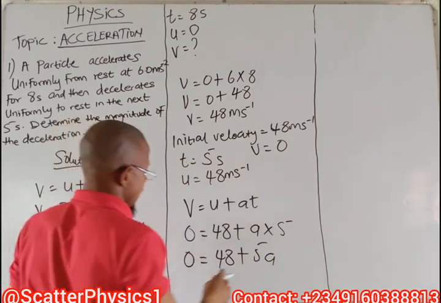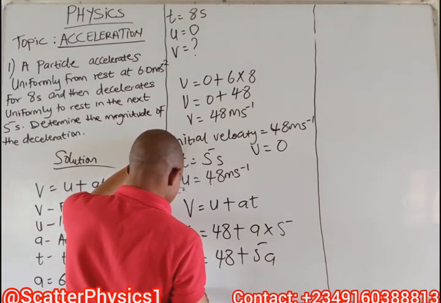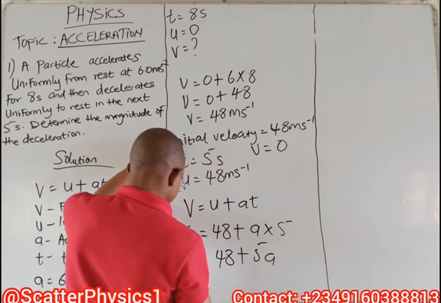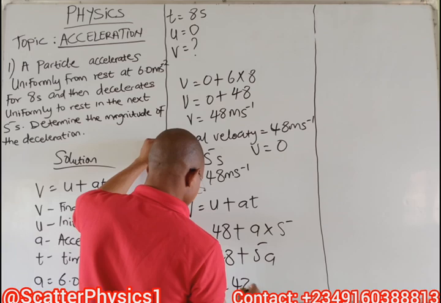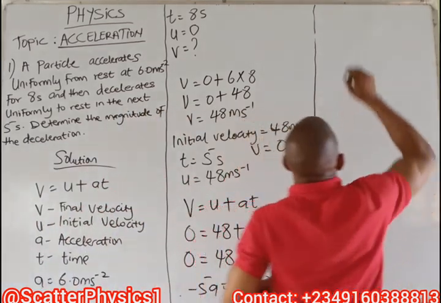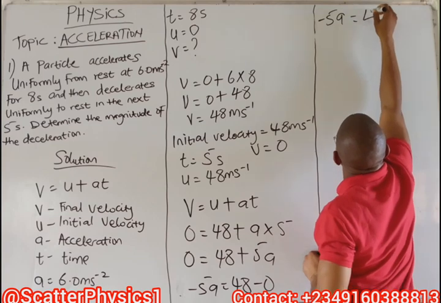Then now this comes over. We have that 0 minus 48 equals 5A, so minus 5A equals 48 minus 0, which is 48.